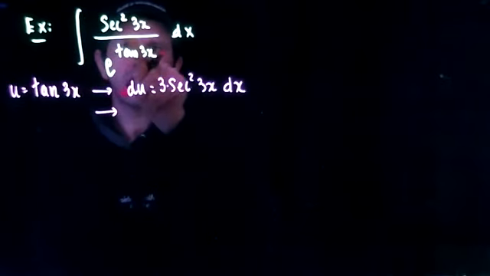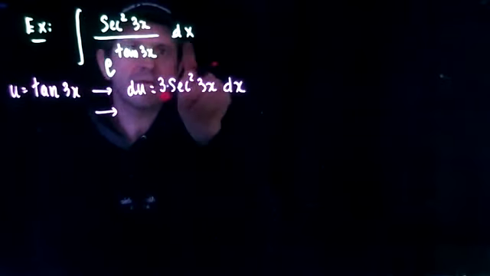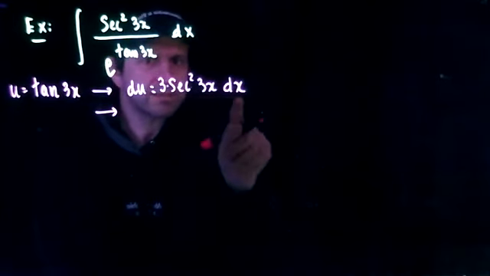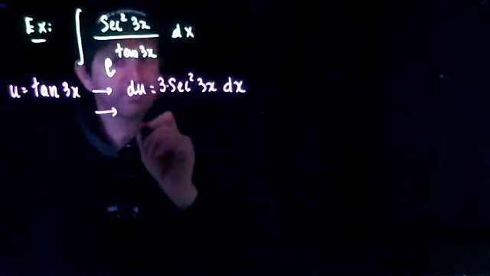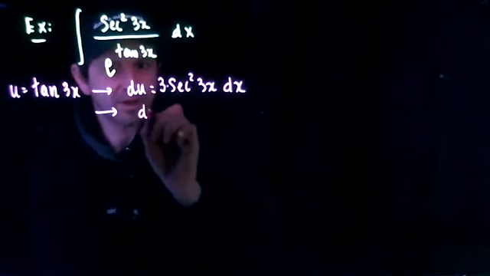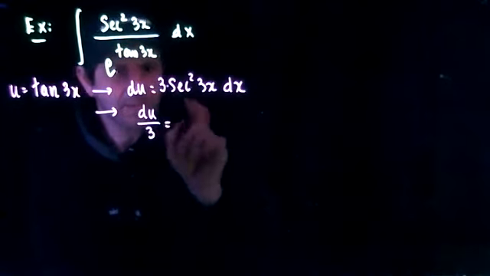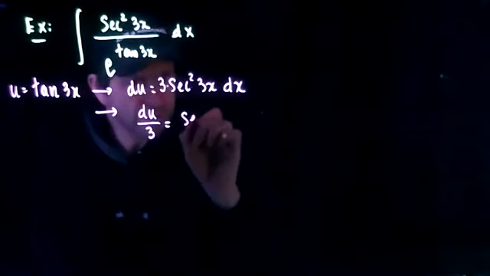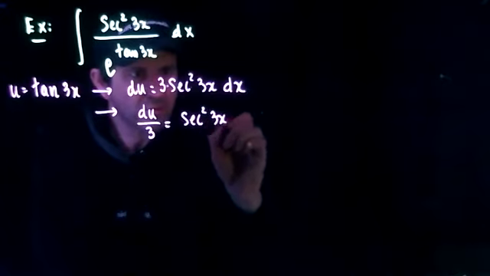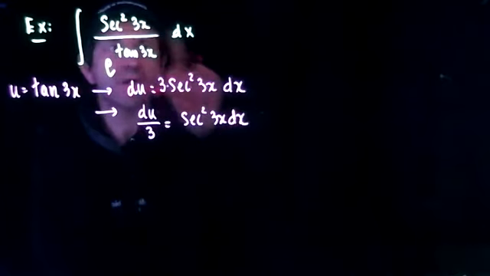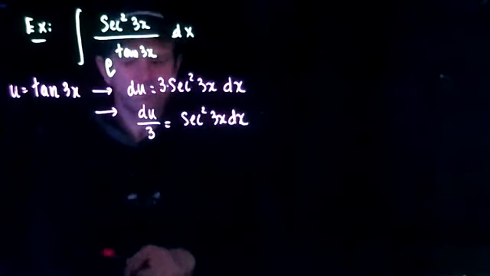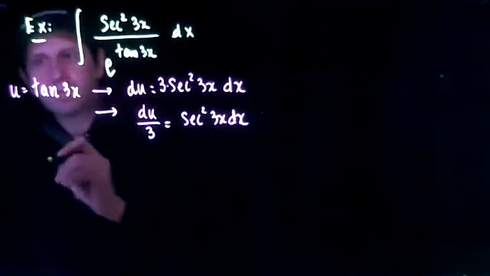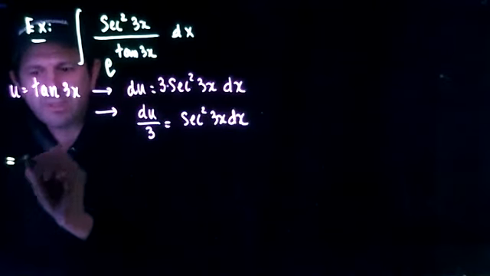So here on top I have secant squared 3x dx. I'm going to isolate secant squared 3x dx, so I have to divide by 3. That's the case where I divide, because I want to make sure that what's left, my differential, is exactly what I have on top. At this point it's pretty easy.